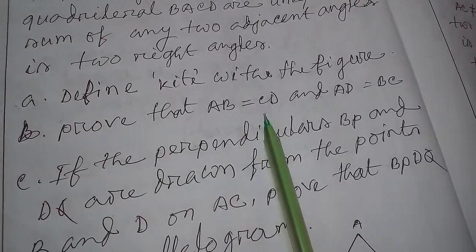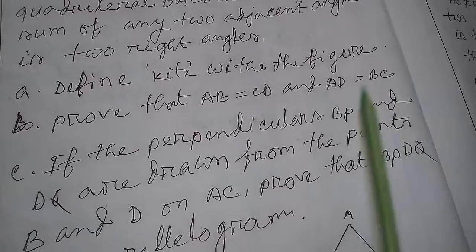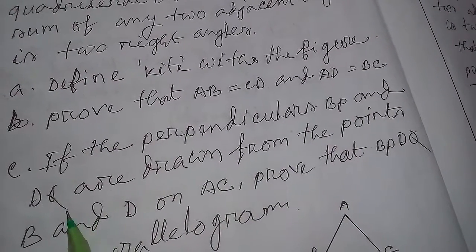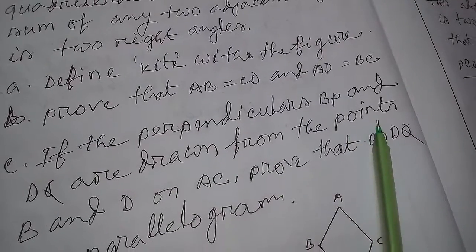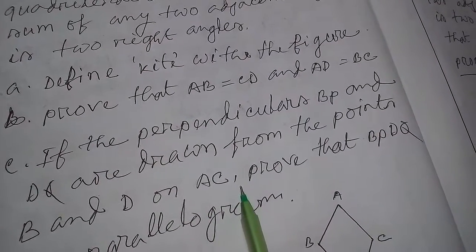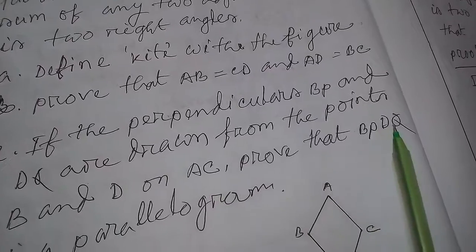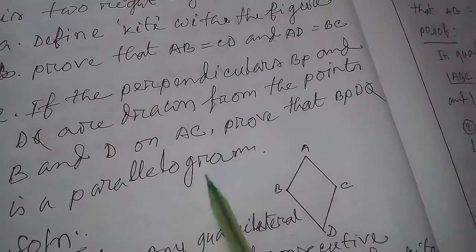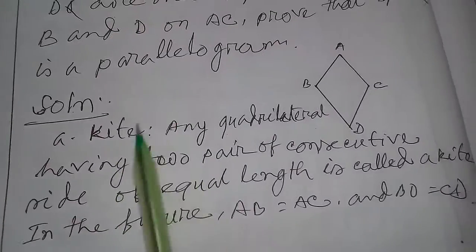B: prove that AB equals CD and AD equals BC. C: if the perpendiculars BP and DQ are drawn from the points B and D on AC, prove that BPDQ is a parallelogram.